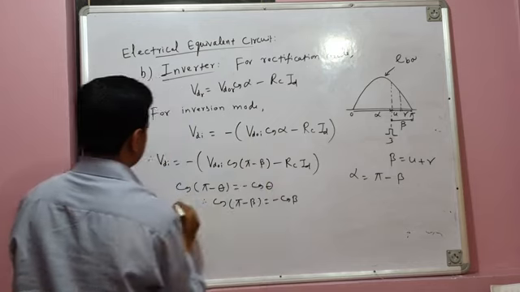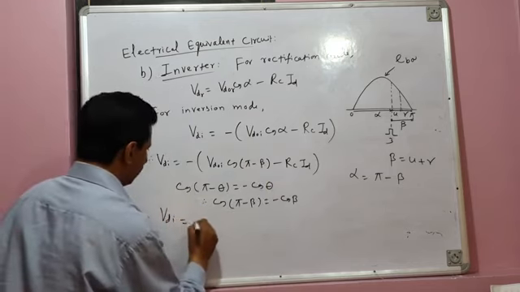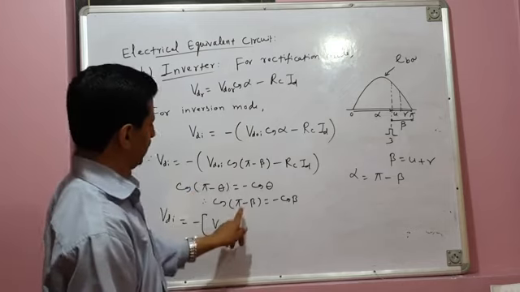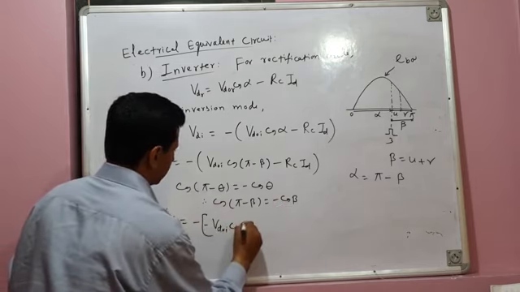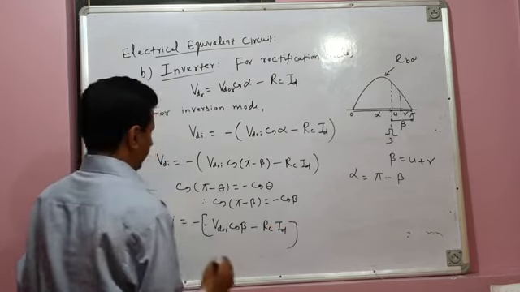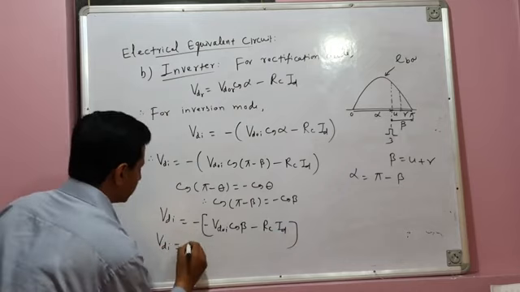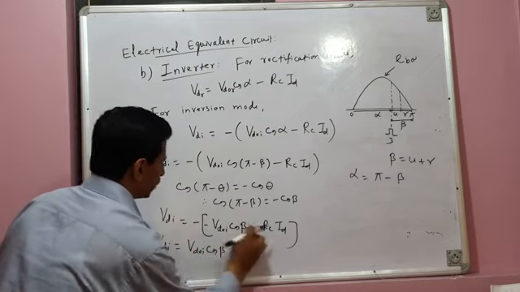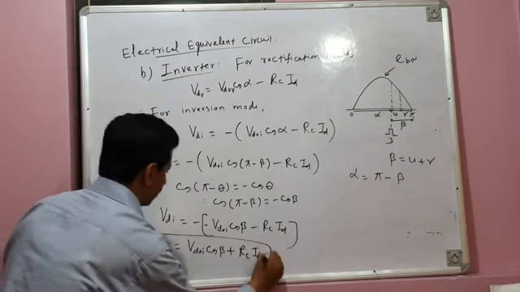So substituting it here, VDI is equal to minus times VDOI cos of pi minus beta, which is minus cos beta, minus RC ID. Fine. So this will give finally inverter average output voltage equal to minus into minus is plus, VDOI cos beta, minus into minus is again plus RC ID. So this is inverter average output voltage.